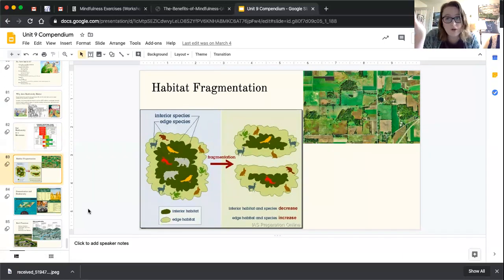Now it's so small, it can only support 1 or 2 or just 1, right? And it can support way more edge species. So you've changed the species richness. The number of species is smaller. Even if you have the same total number of animals, you've decreased the biodiversity.